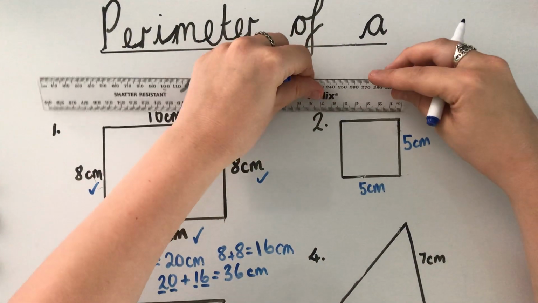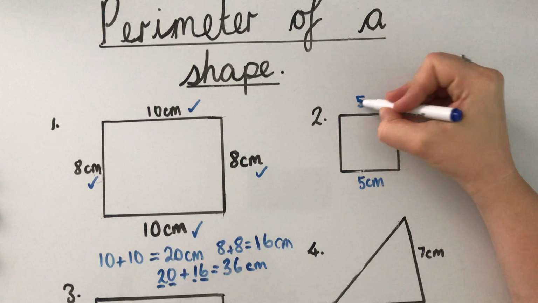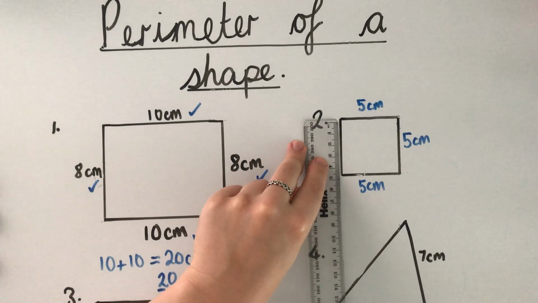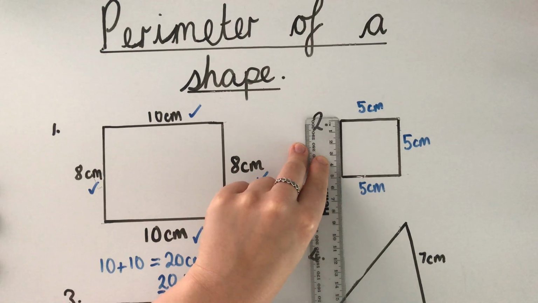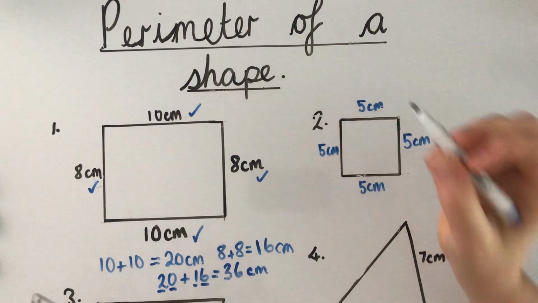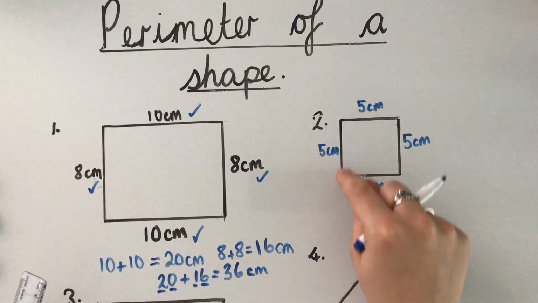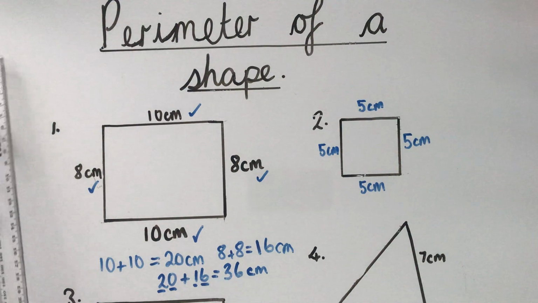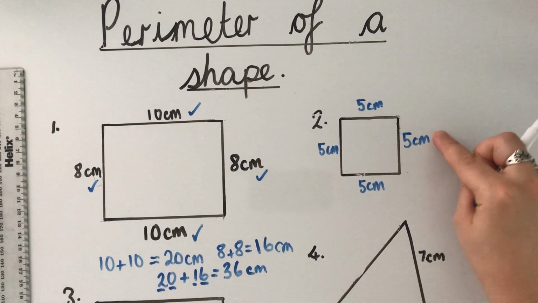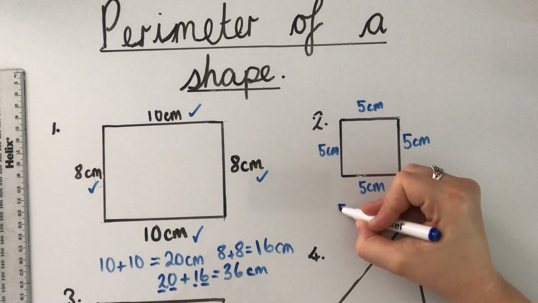This one here, yeah, you've got it, it's 5 centimetres, and then our last side is 5 centimetres. Lovely. Now, the perimeter, the distance around the outside of the shape, means that we need to add up 5 centimetres plus 5 plus 5 plus 5.